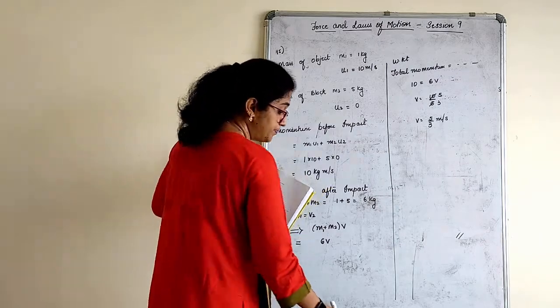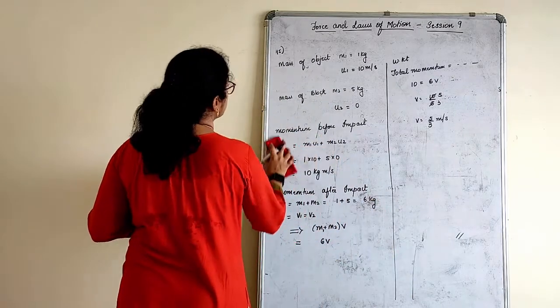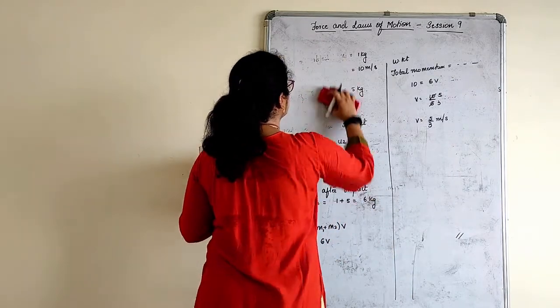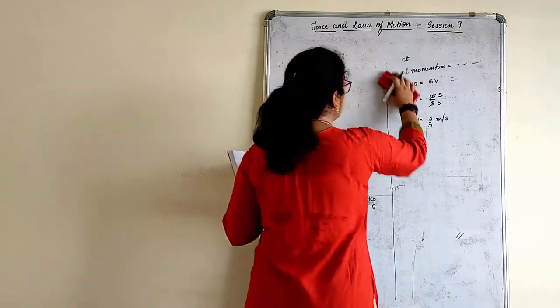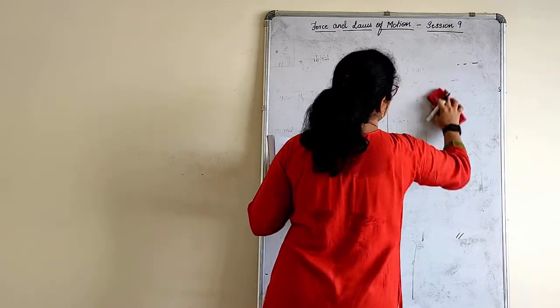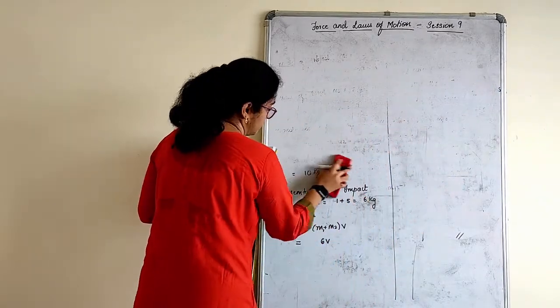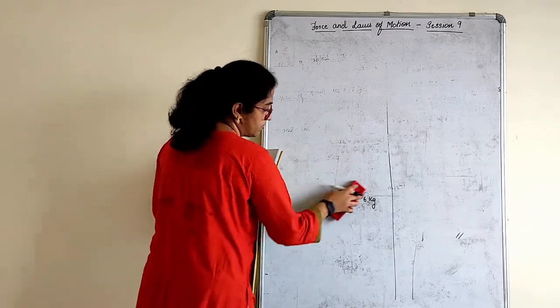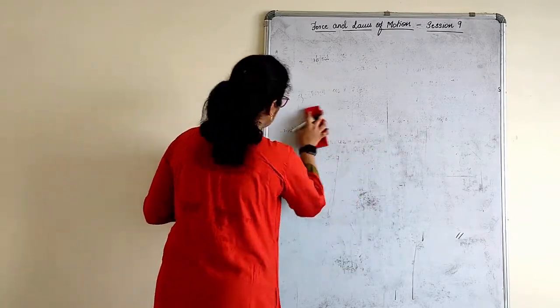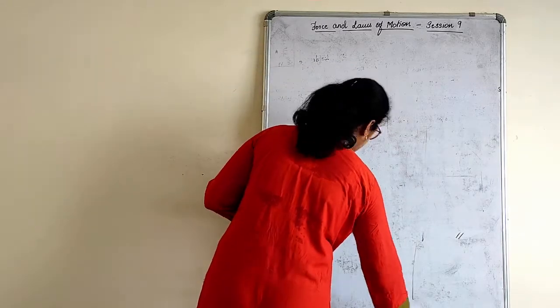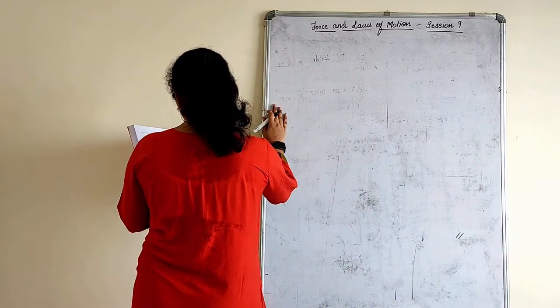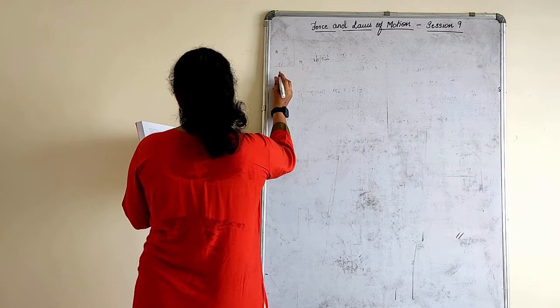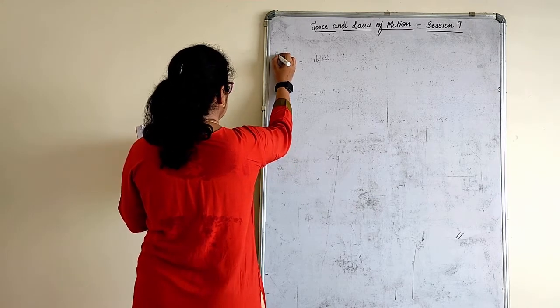The next one. These are again the same type of sums what we had done in the worked examples. An object of mass 100 kg, 16th one.